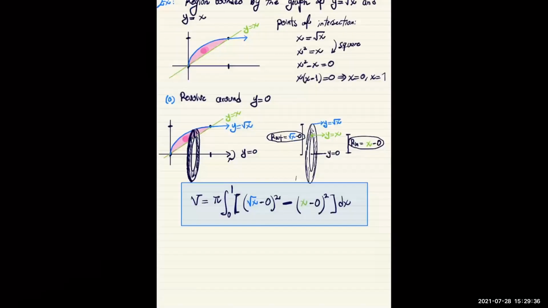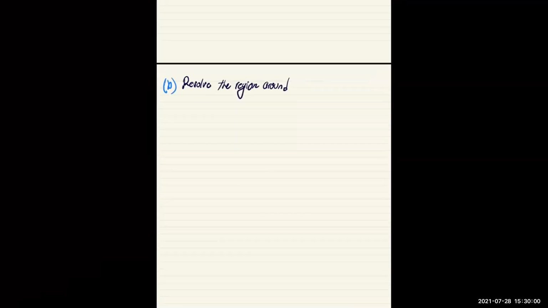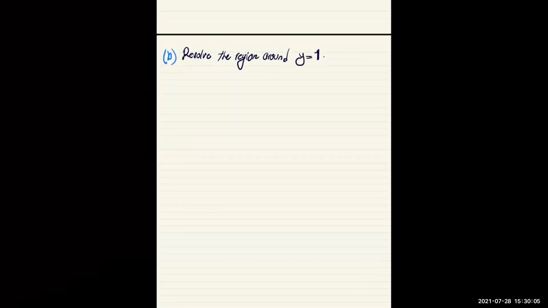So part B, same function, same region, revolve the region around, let's make it interesting, maybe y equal to 1. Not y equal to 0, but y equal to 1.